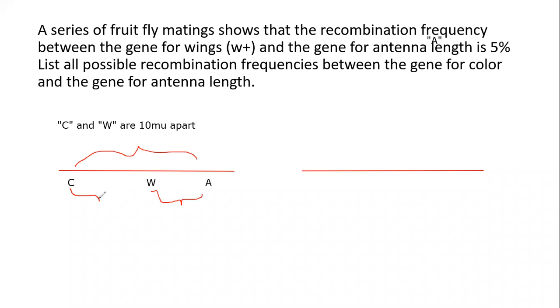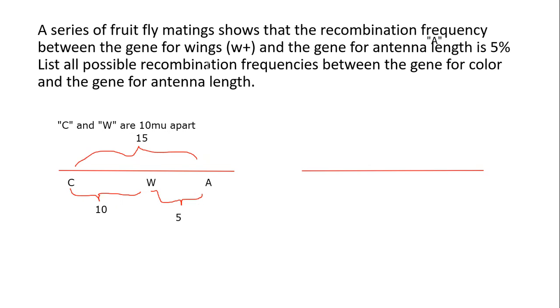We might just put in those distances, and so we would say this one here is 15. So the possible recombination frequency between C and A would be 15. Between C and W we know is 10, and between W and A we know from the problem above is 5. So that's one possible permutation of this.